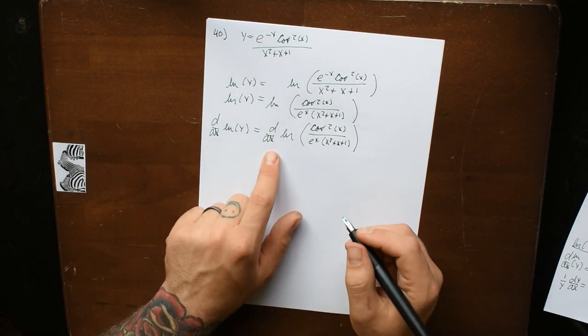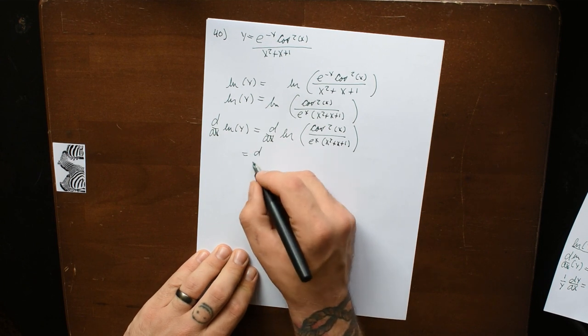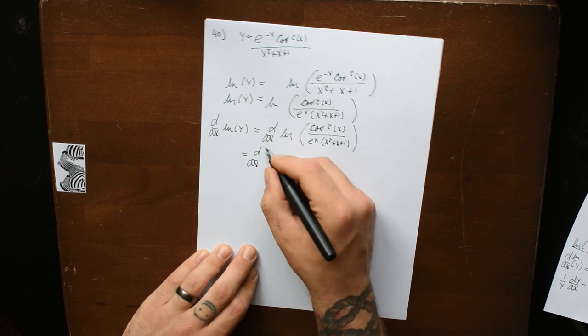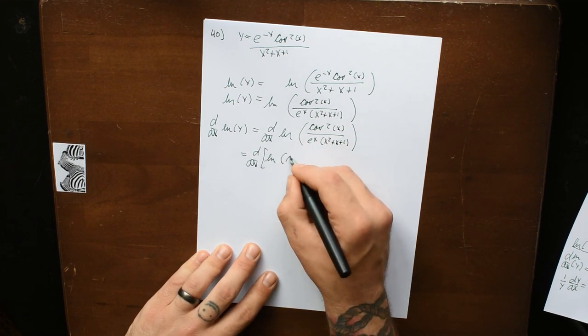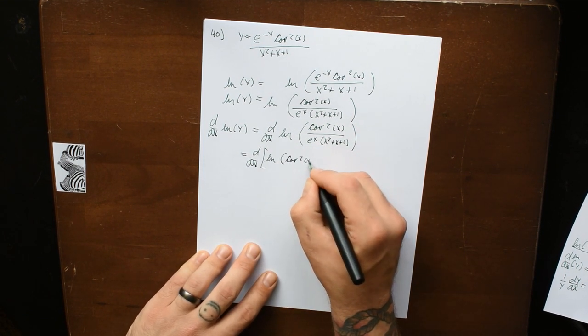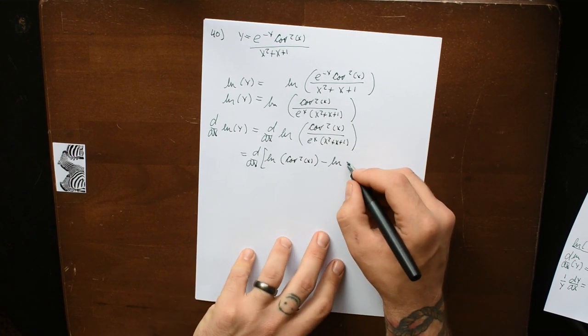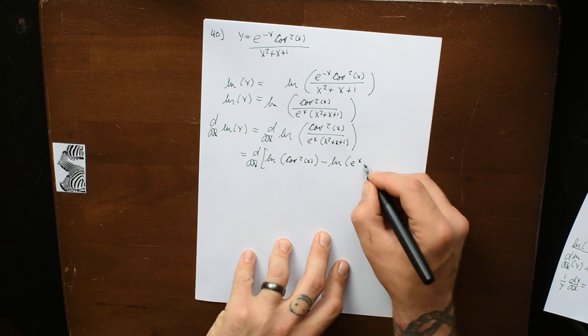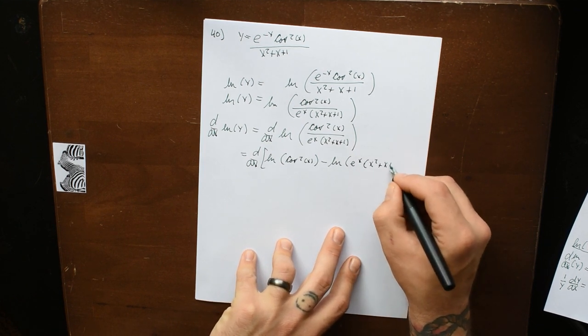But we can use some log rules to break this up. This is going to be equal to the derivative with regards to x of, we take our numerator, the natural log of the cosine squared of x, minus the natural log of our denominator, e to the x times x squared plus x plus 1.